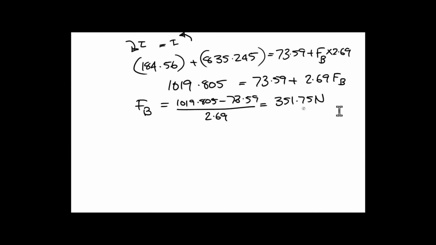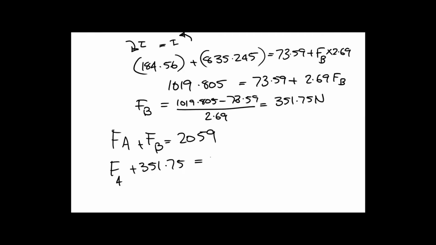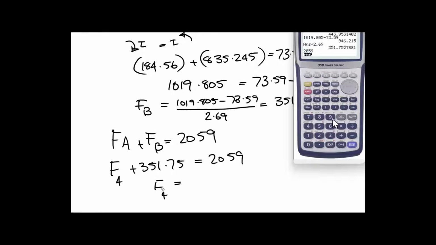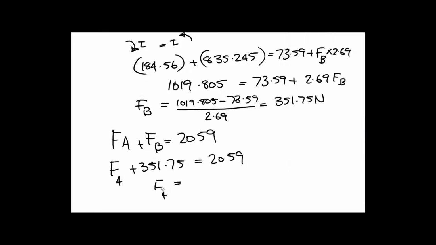Okay, but we know that A and B here have to add up to 2059 newtons. So if FB is 351.75, the force on A must be this minus this: 2059 minus 351.75, which is 1707.25 newtons.